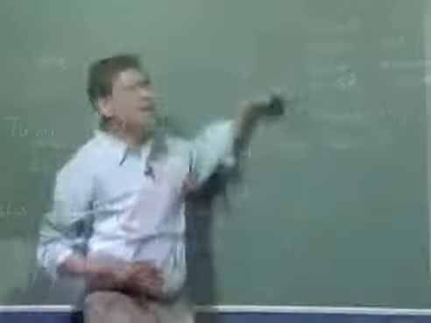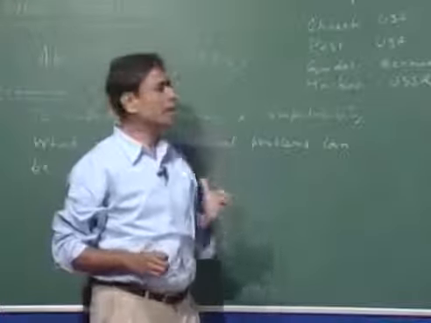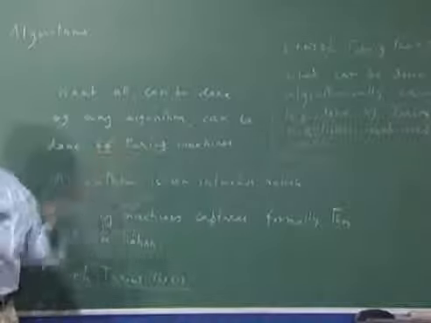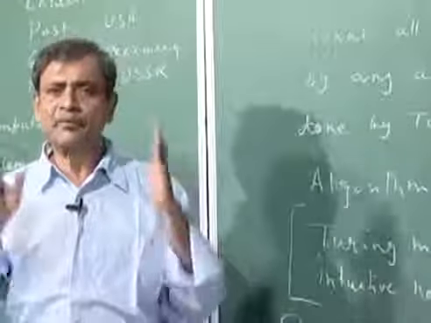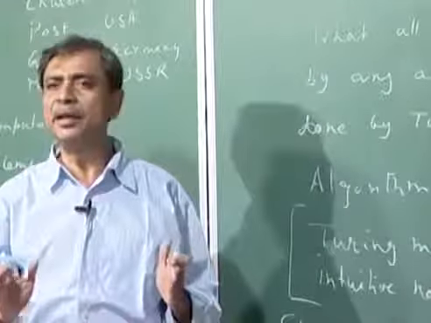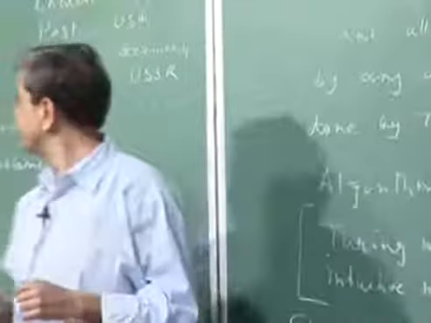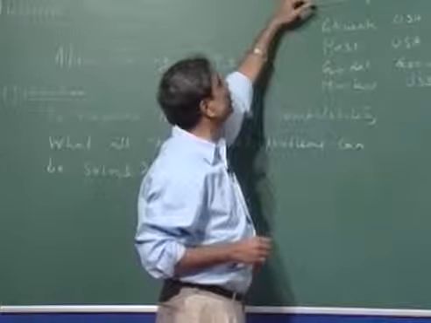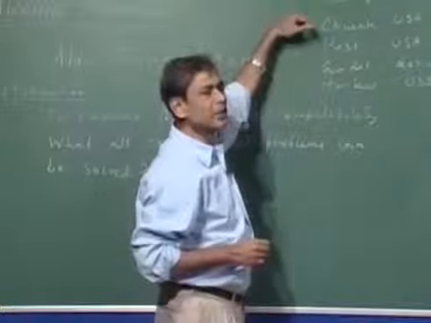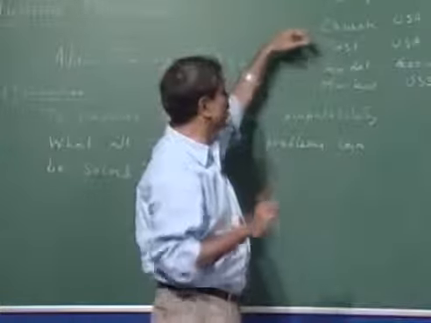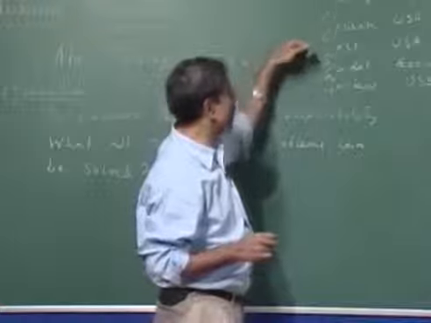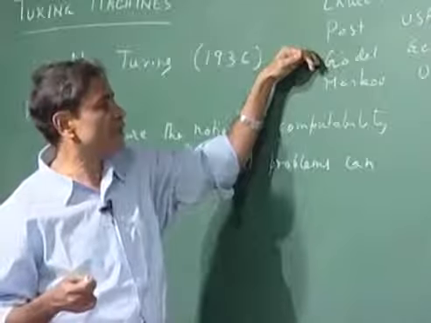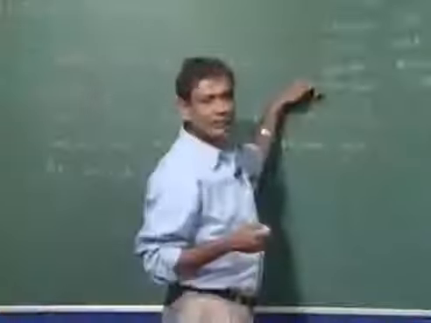They all independently tried to define formally this notion of algorithm. That is, they were trying to give a formal definition of what can be performed computationally. And they all actually came up with different models. Turing came up with Turing machines, Church came up with lambda calculus, Post came up with a certain rewriting system, Gödel defined what is known as general recursive functions, Markov defined Markov processes.